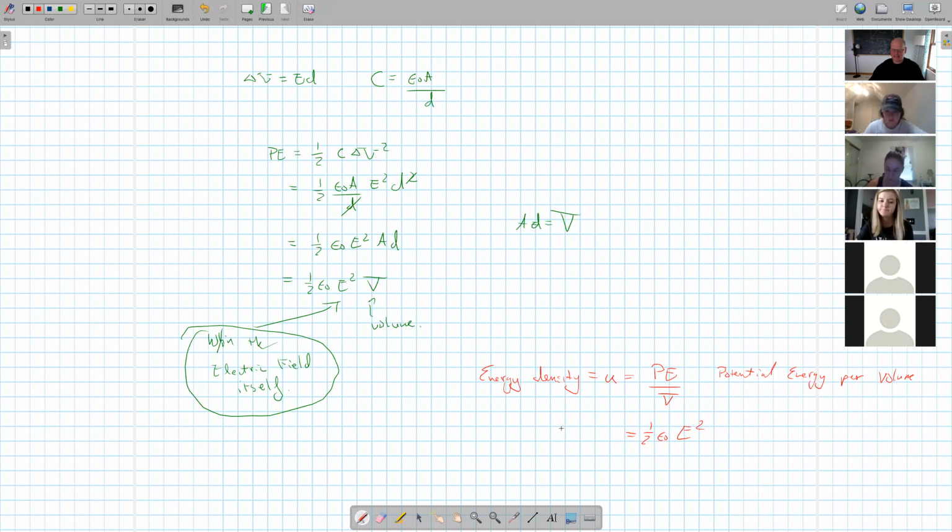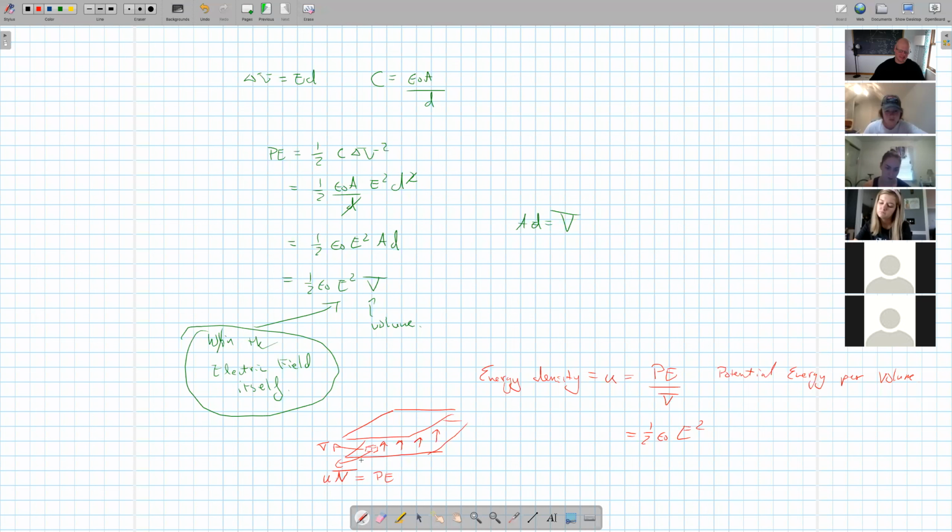So the energy density says that the energy stored, or at least the energy per unit volume, which is stored between the plates, is stored in the electric field itself, which is pointing from the positive plate to the negative plate. So if I take a small volume here, so this is my volume V, then the energy density is telling me how much potential energy is stored inside of this volume. So if I take u and multiply by that volume, then that's equal to the potential energy.